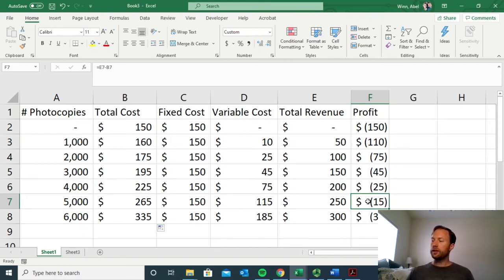What will she do when it is time to renew her lease? Well, when it's time to renew her lease, she's going to try to, first of all, get that lease number down. Okay, if she could reduce her fixed cost back from $150 down to $100, well, then she could make a positive profit and she'd keep operating at 5,000 photocopies per month.